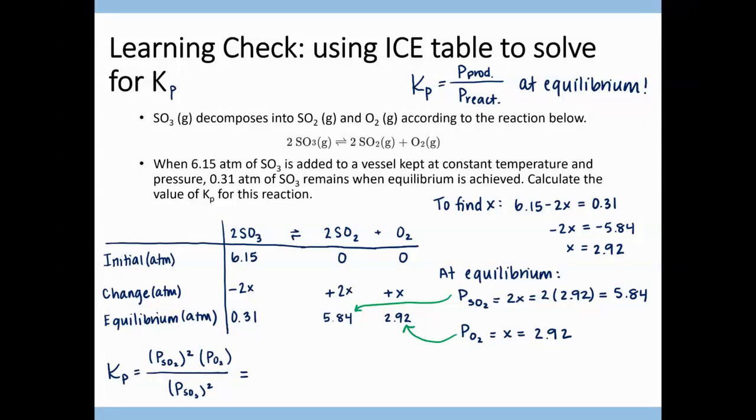Plugging in values, we have 5.84 squared times 2.92 divided by 0.31 squared. So this is equal to 1036. That is the Kp value for this reaction.